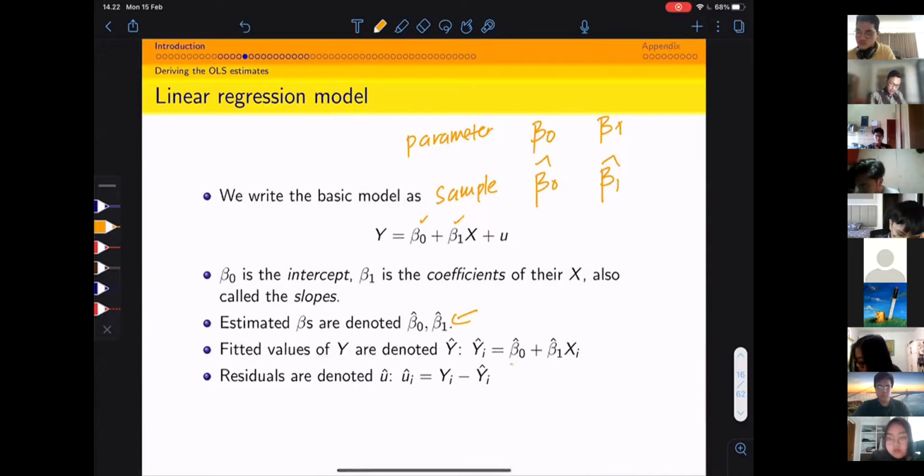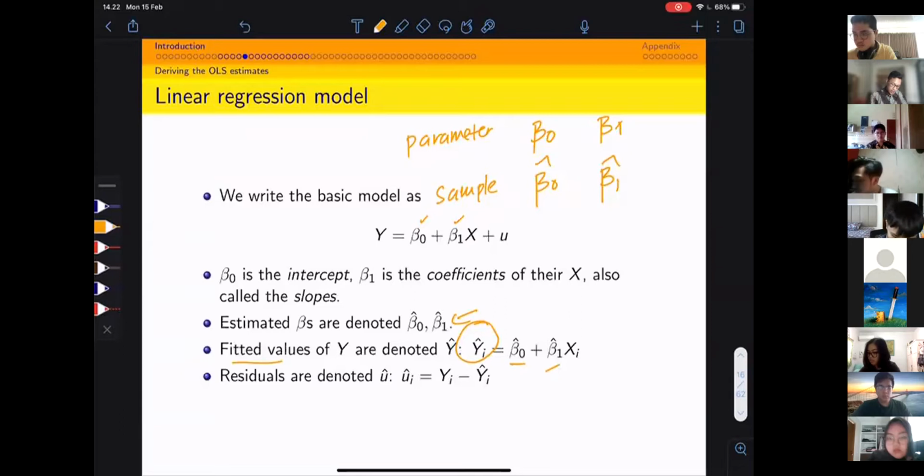If you have beta 0 hat and beta 1 hat, and you multiply beta 1 hat with the actual value of x, then what you'll get is the predicted y. The predicted y is denoted as y hat. Some people call it the fitted value, some people call it the predicted value of y. Both are used interchangeably.